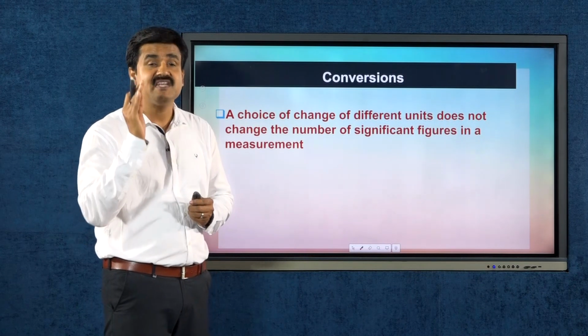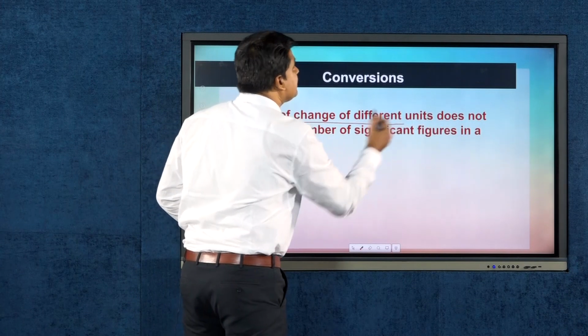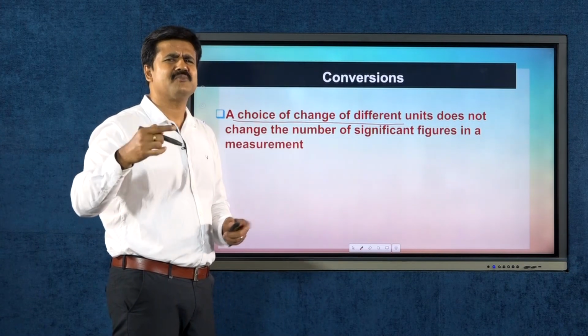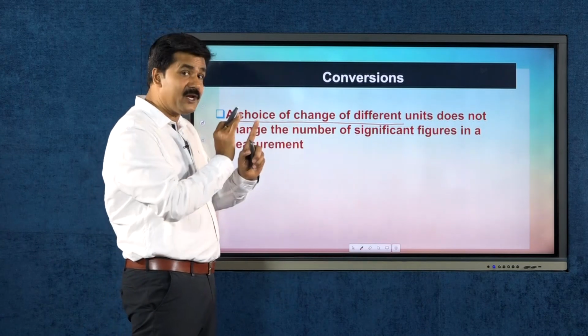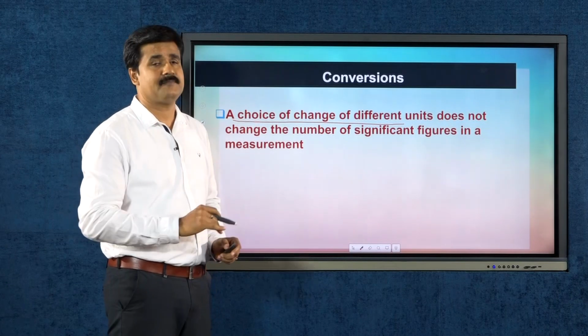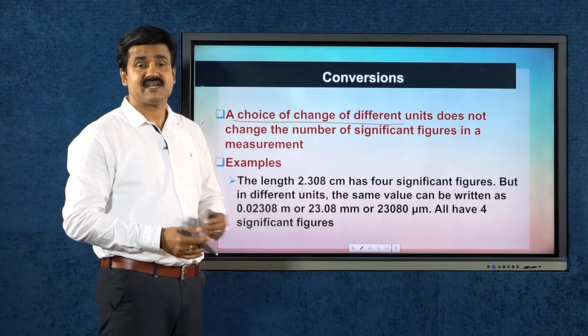This is very, very important. You convert a millimeter to centimeter, centimeter to meter, etc. Several conversions are possible. But these conversions will not alter the total number of significant figures in a measurement. This I can illustrate with the help of a particular example.